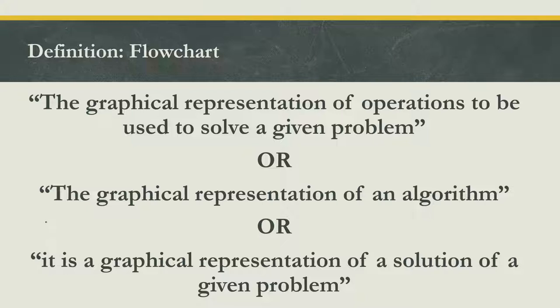Or you can define a flowchart like this: it is a graphical representation of a solution of a given problem. Suppose you want to draw a flowchart for any problem, and you have an algorithm for that problem, then it would be very easy for you to design a flowchart, because you have to select different symbols for each particular step.